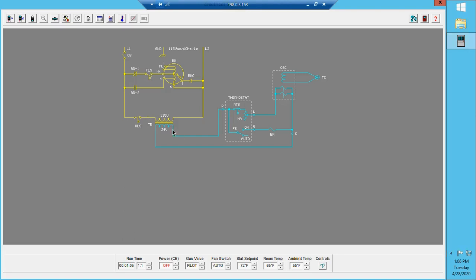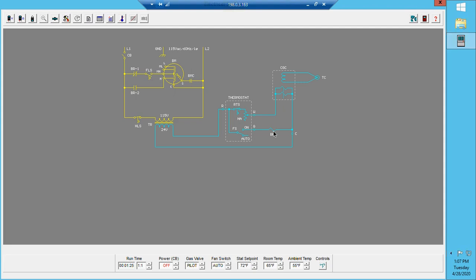So there's line 4, my secondary, my 24 volts, which now powers up my thermostat, which in turn powers up my gas valve. I've got my thermocouple, and I've got my fan switch, my burner relay, and the coil for my burner relay.